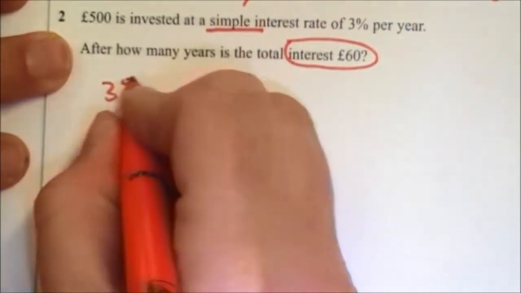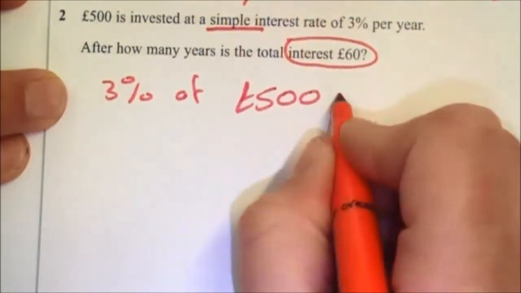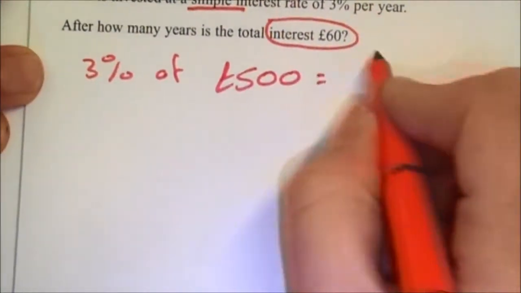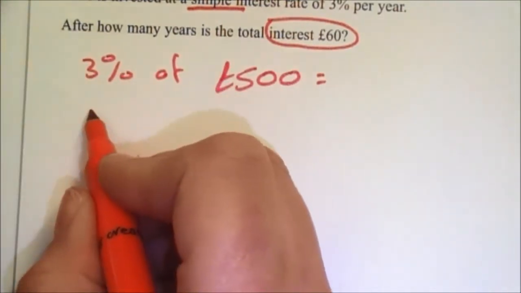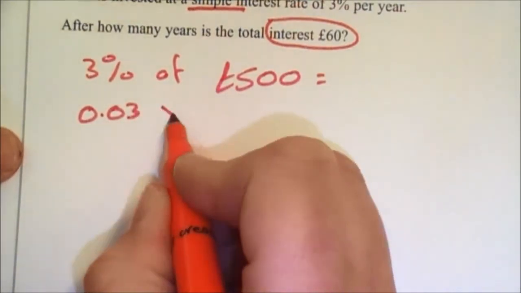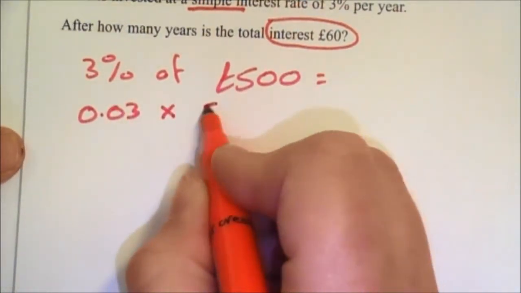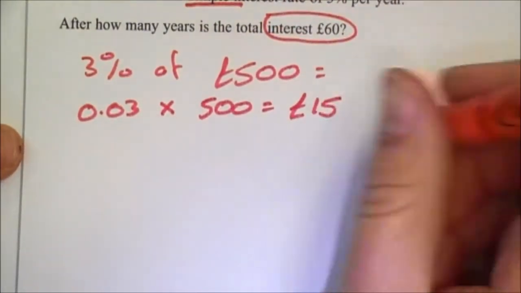So first thing I want to do is find what 3% of £500 is, because that'll tell me how much interest is in 1 year. Now, it's a calculator paper. 3% is 3 divided by 100, or 0.03, times 500, and that gives me £15.